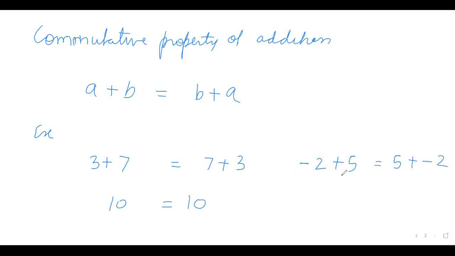So -2 plus 5 is 3, and 5 plus -2 becomes 5 minus 2, which is again 3. So whatever we add, if I add them in any order, a plus b or b plus a, the answer will be the same. That property is called commutative property of addition.